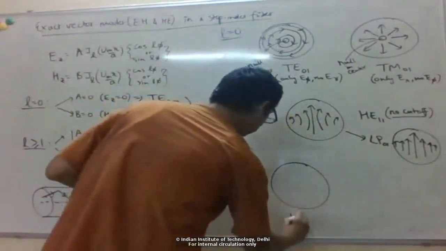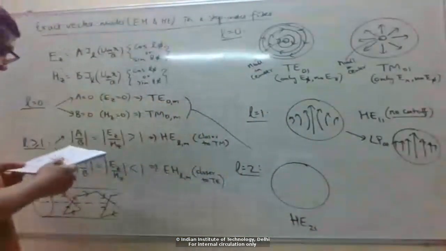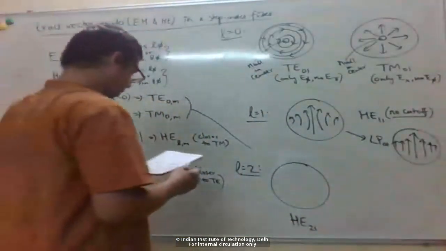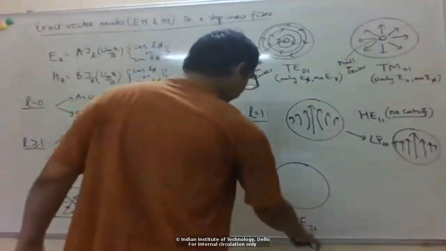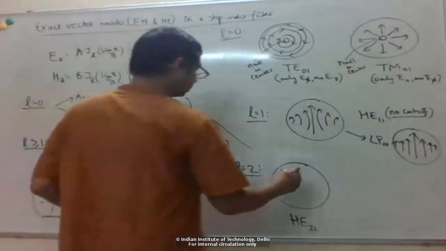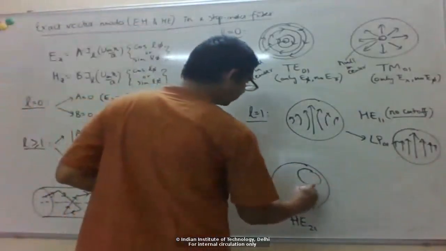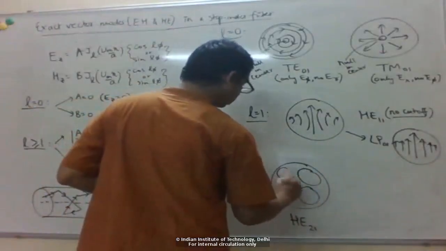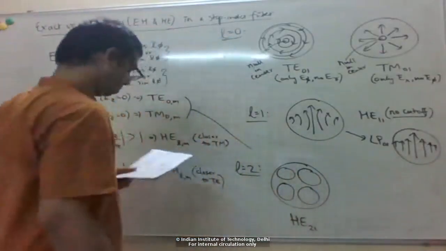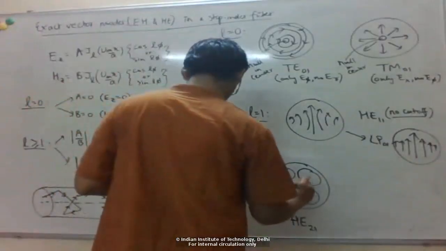So if you see it's HE21. So now L is 2, right? Because of this cosine alpha, sine alpha, we'll get sort of 4 lobes here. Again, there will be a null in the center.